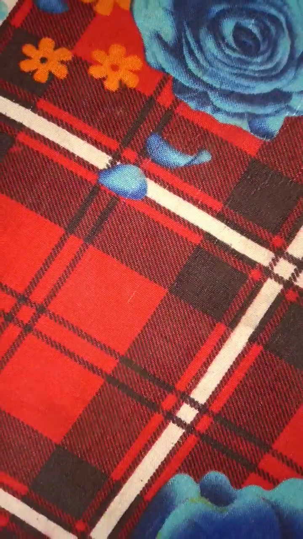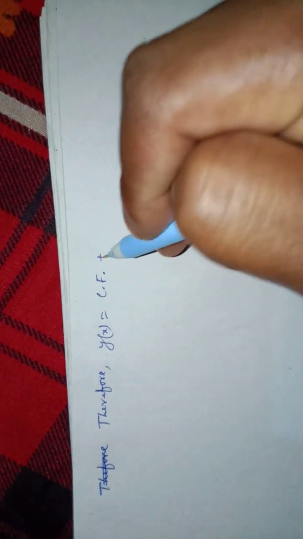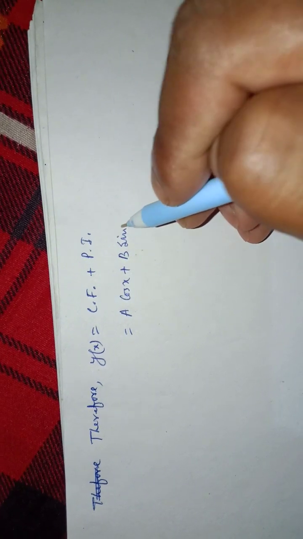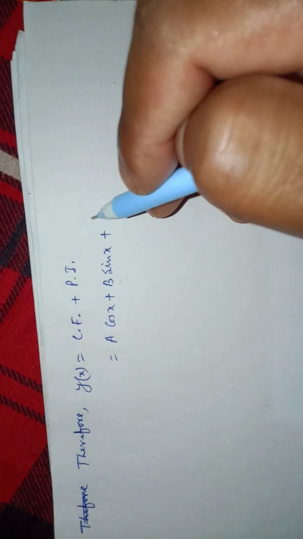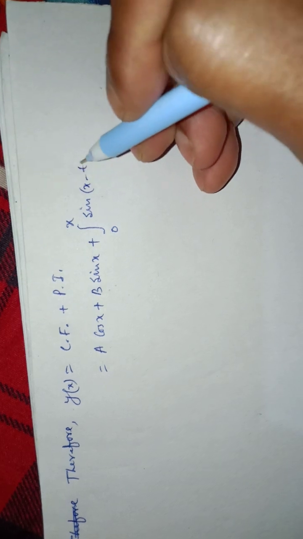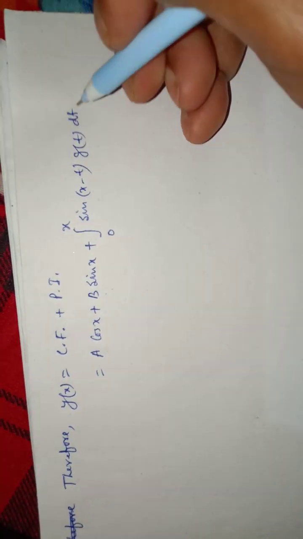Therefore y of x is equal to complementary function plus particular integral, that is complementary function is a cos x plus b sin x, plus particular integral is integration 0 to x sin of x minus t, g of t dt.